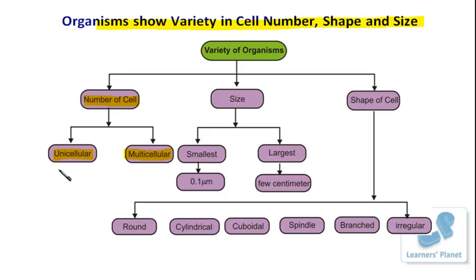So in these unicellular organisms, you can say that a single cell is there, which is capable of performing all the basic functions which are required to maintain life. Now you know what these basic functions are.